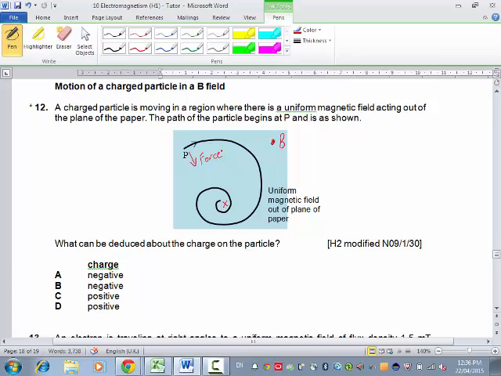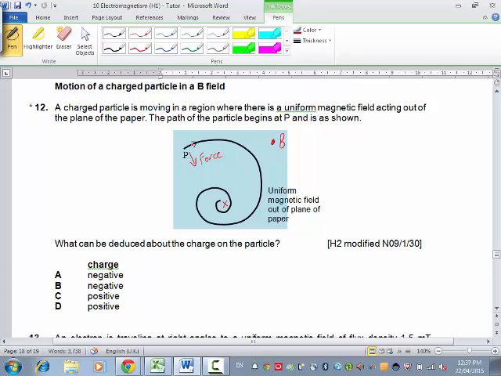I apply Fleming's left hand rule. Current, don't know. Field, out of the page. Force here. So you can see that the current is actually this direction, and the charged particle is going in here also. The current and the charged particle are going in the same direction. So what is this telling you about the charge?